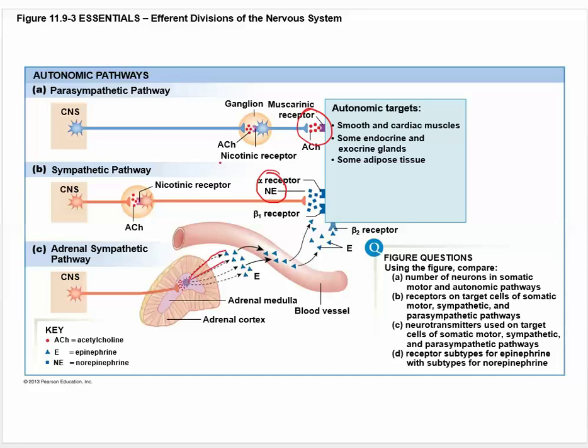So if you just remember they all release acetylcholine onto nicotinic receptors at first because they're fast. The only differences are the parasympathetic releases acetylcholine, the sympathetic releases norepinephrine, and the adrenal gland releases epinephrine. And those are the primary differences. It doesn't have to be that confusing.